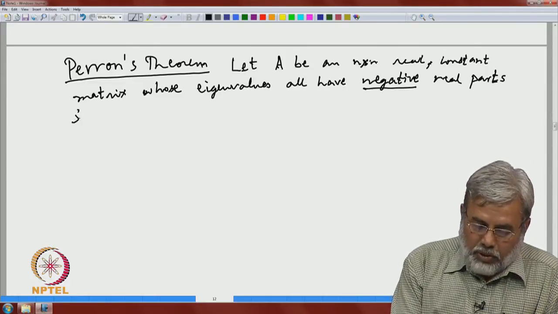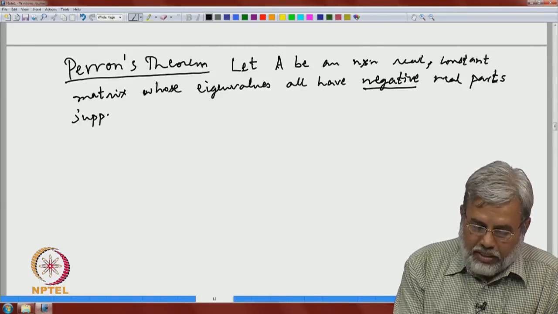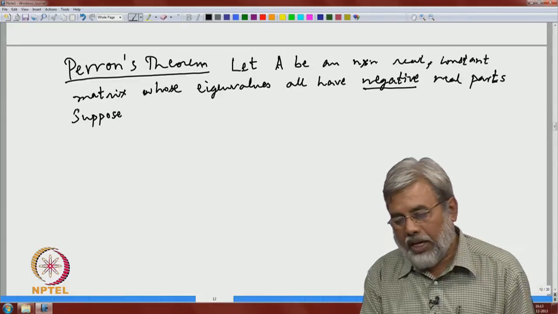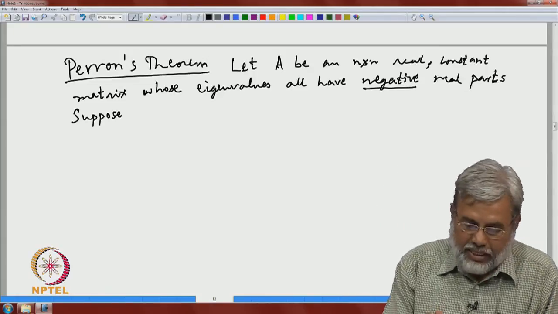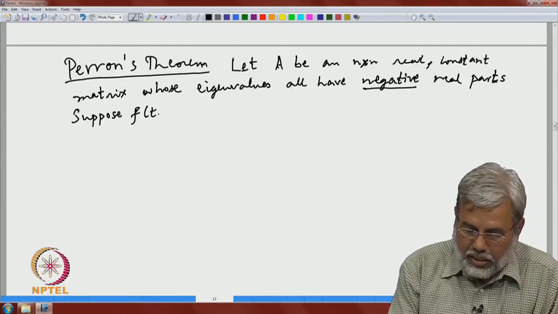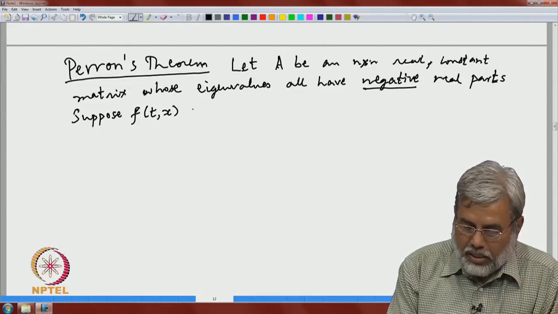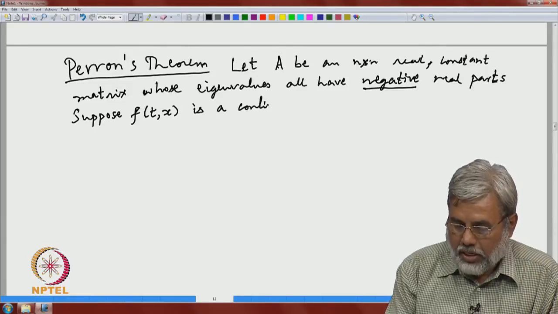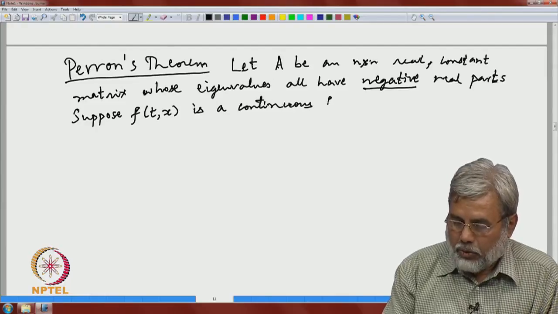So, in fact, Perron's theorem considers a more general perturbation. So, let me just state it. f(t, x) is a continuous function, so we do not even worry about uniqueness.